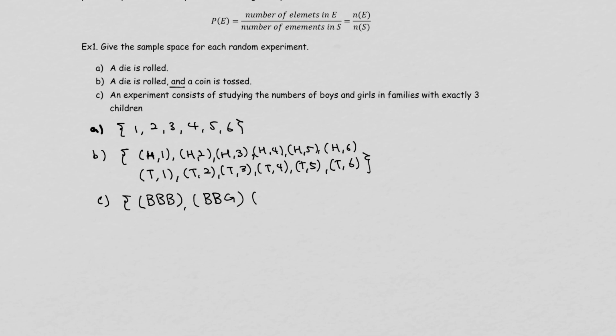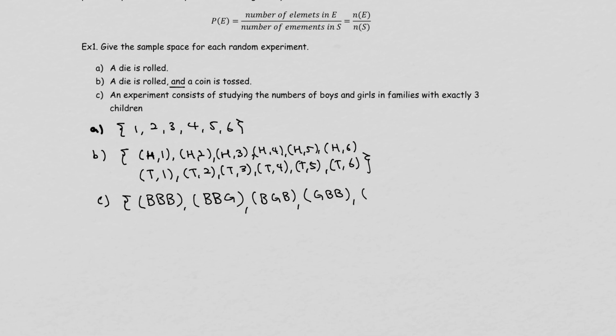But having 1 girl, you could have the girl in the middle, or girl first and 2 boys, right? So this is 3 samples of having 2 boys and a girl.